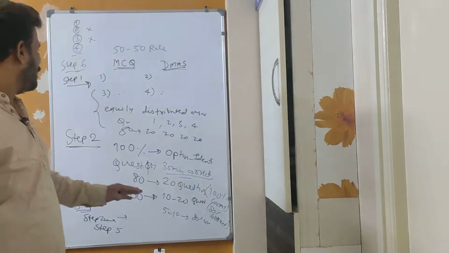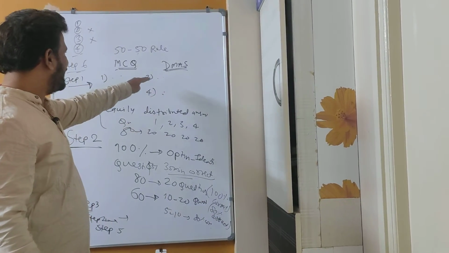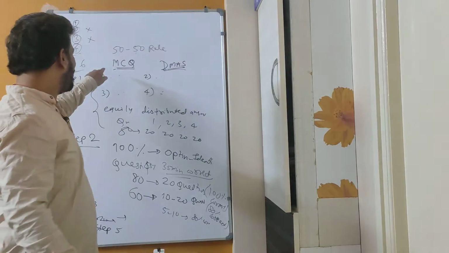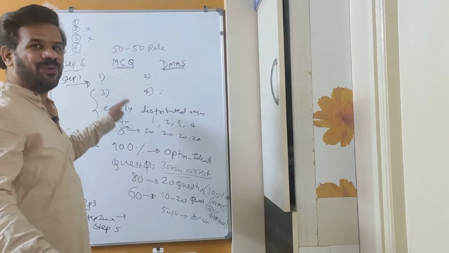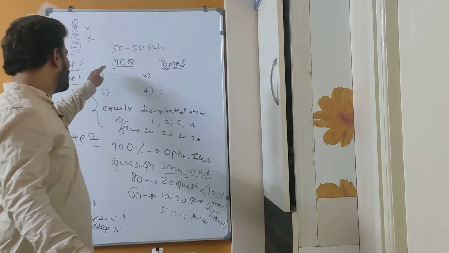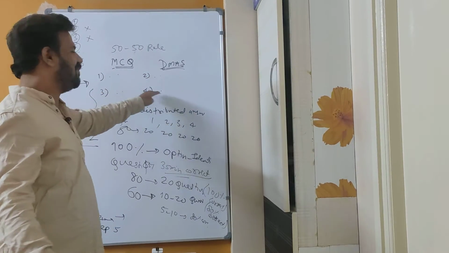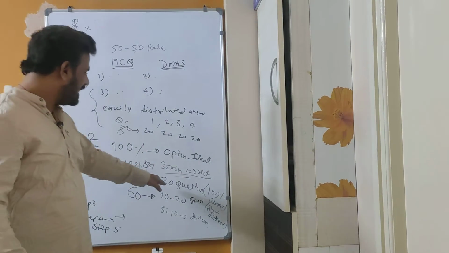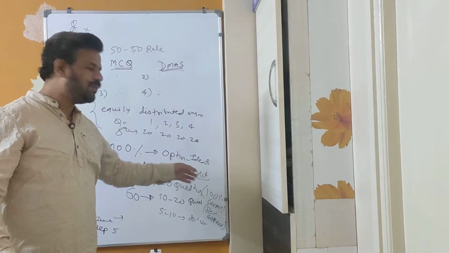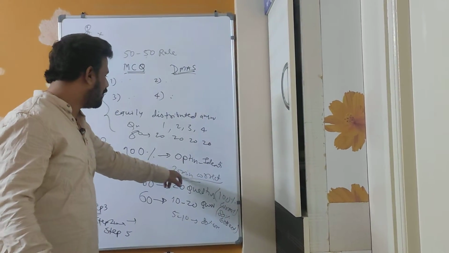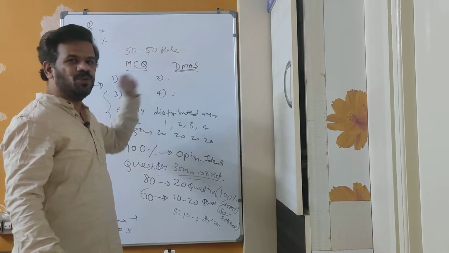Now as I told you in the beginning, you should remember that the probability of having option 1 as an answer is equally distributed. So 25% will be option 1, 25% option 2, 25% option 3 and 25% option 4. Now when you see these 35 questions answered correctly, you have to distribute how many out of these 35 are option 1, and how many are option 2.